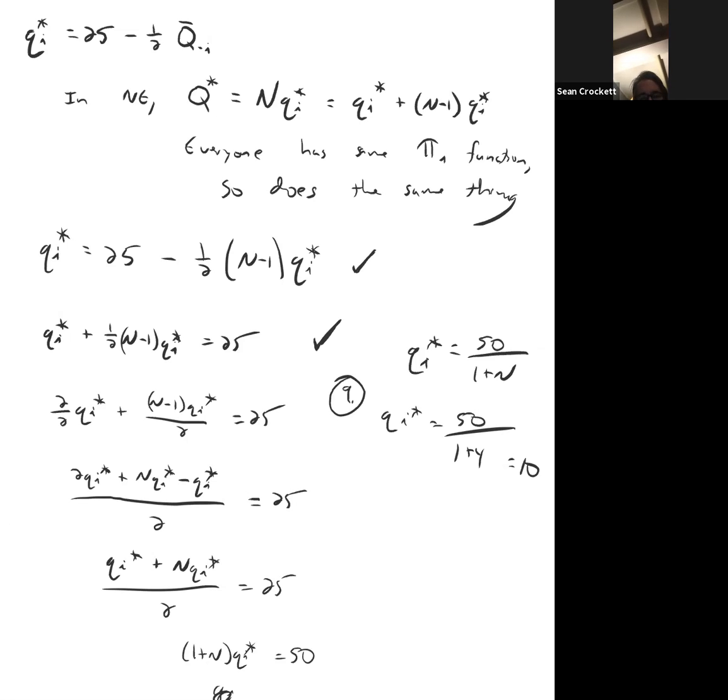So basically, I have the best response function as a function of q bar minus i, and then the equilibrium function as a function of n, the number of firms. And then for both of them, you have the parameters. So whatever your slope is, whatever your y-intercept is, and whatever your cost is, those variables are m, c, and b. In this case, m is minus 1/2 or 1/2.